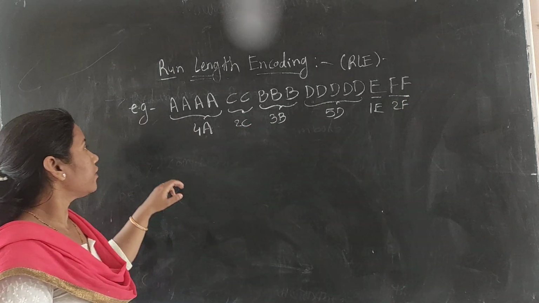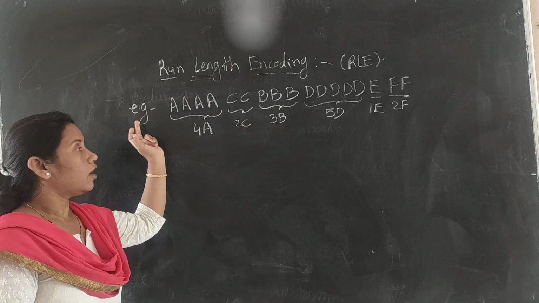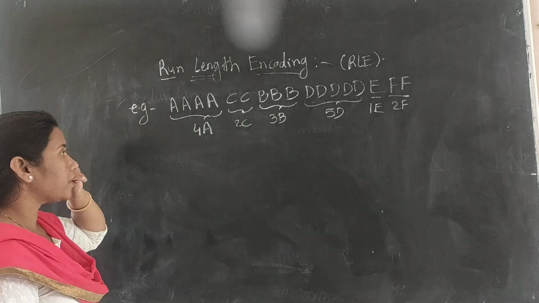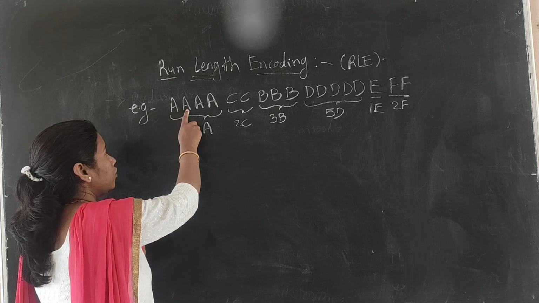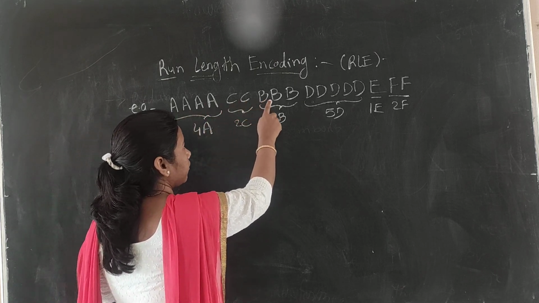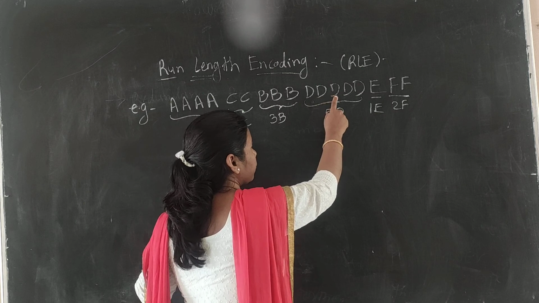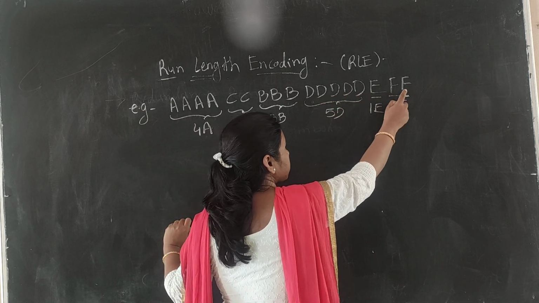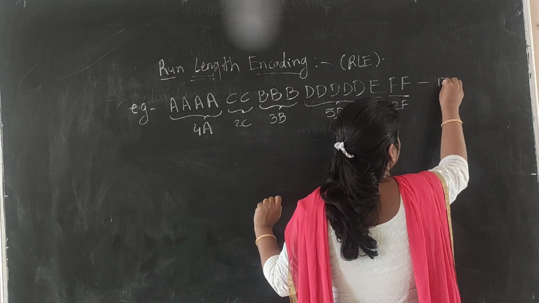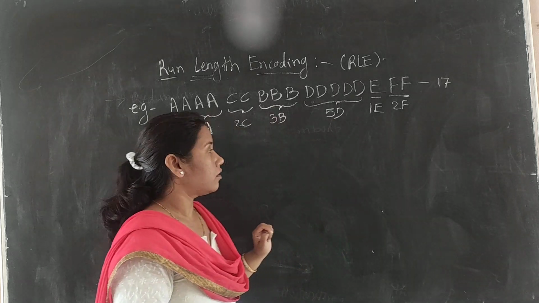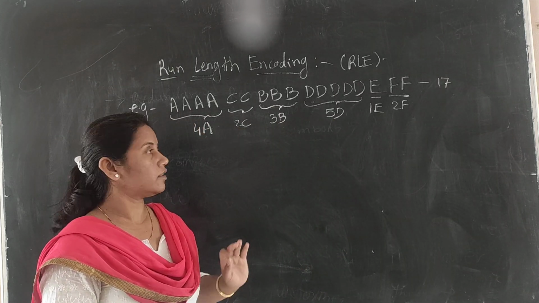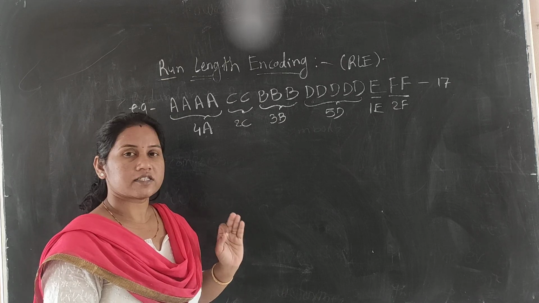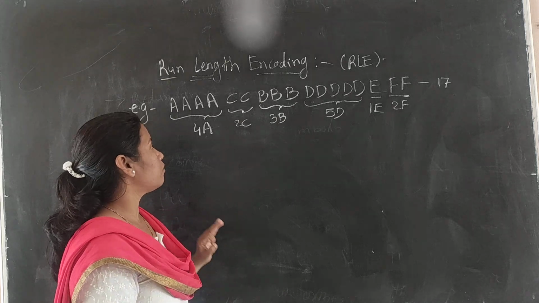Whatever the given string of symbols, a long message, how many symbols are in this? 1, 2, 3, 4, 5, 6, 7, 8, 9, 10, 11, 12, 13, 14, 15, 16, 17. That means this is the original message of 17 symbols.